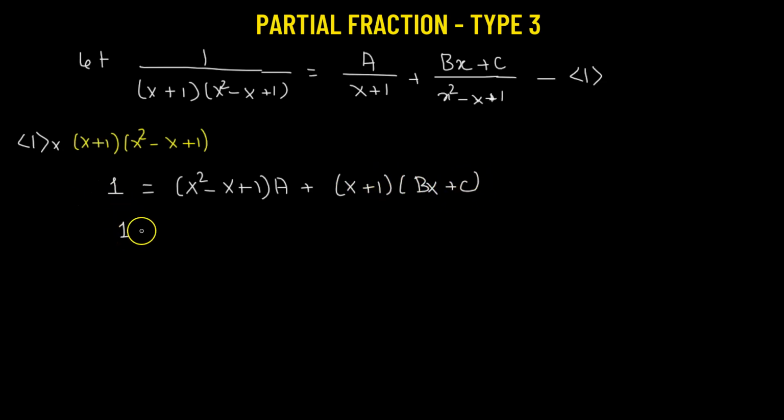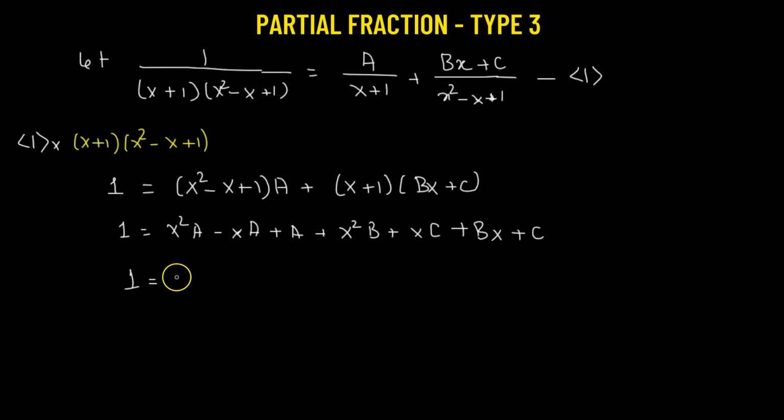Now let's expand it. We get x squared times a, minus x times a, plus a. Plus we have x times bx, which is x squared times b, plus x times c, which is xc. Plus we have 1 multiplied by bx plus c, which is simply bx plus c. We'll try to combine all the like terms.